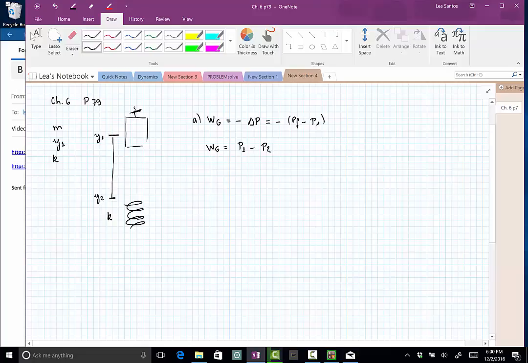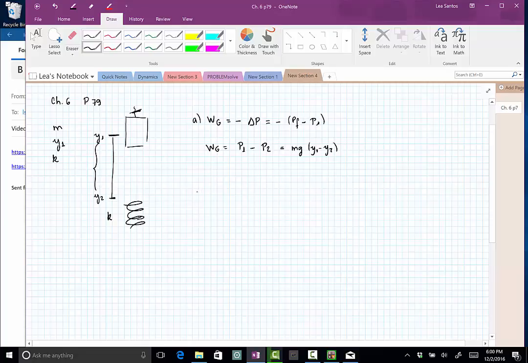So all that we care about is the height, the difference between y1 and y2. So this is going to be mg (y1 minus y2). This height difference is given to us, so we can compute this work.